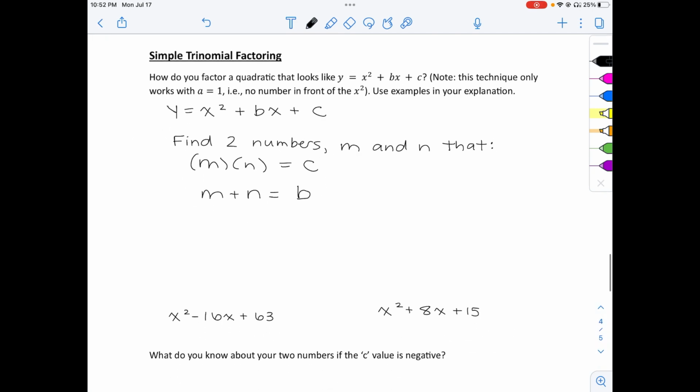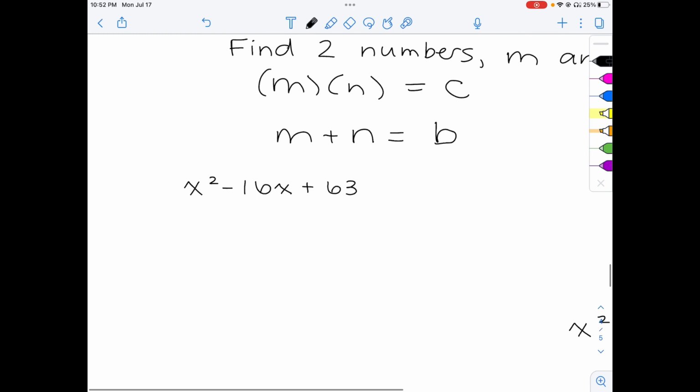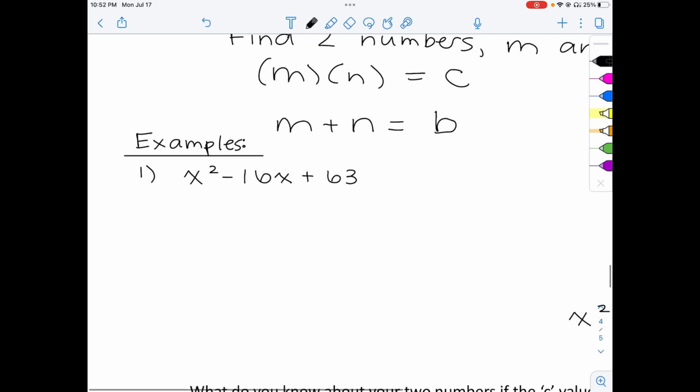Okay, so I'm going to just pull this example up here. So my first example here, I can see that it's a simple trinomial because there's no number in front of my x squared term. Okay, so that is a good example for what I can use to use this method. Okay, so I'm looking at this number here.